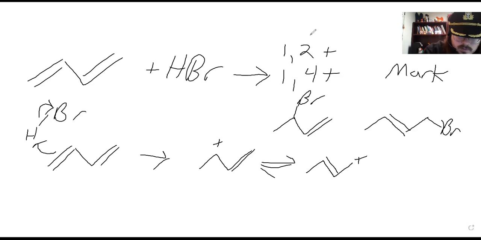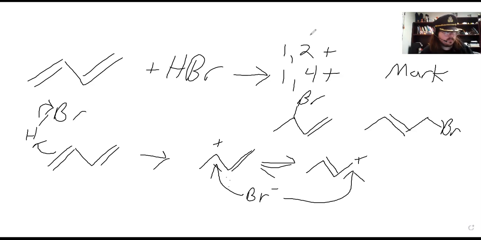The middle one is the most stable, our secondary allylic cation, versus the allyl cation over here. However, depending on where that bromine is and how fast it attacks, we can attack either at the 2 position or at the 4 position, and so you can get both products. This happens with conjugated dienes.